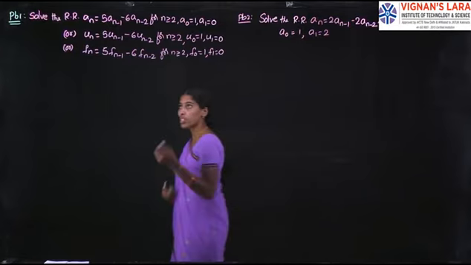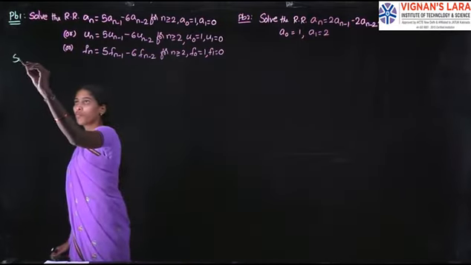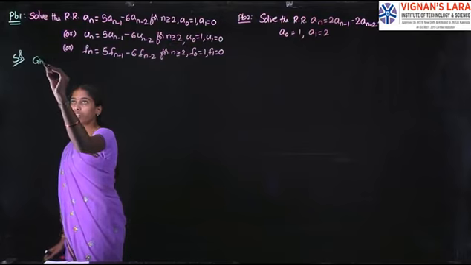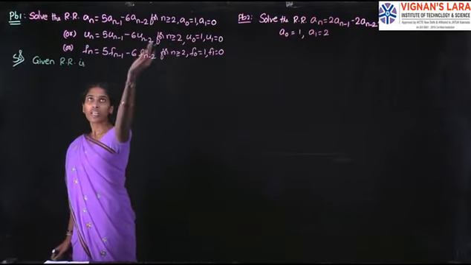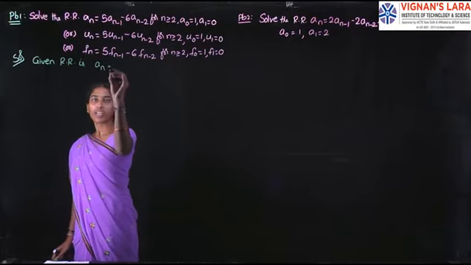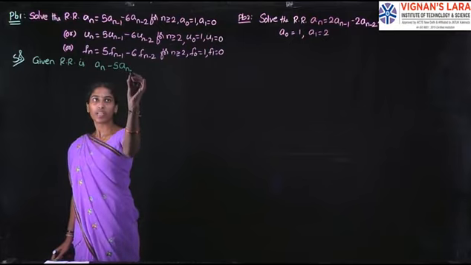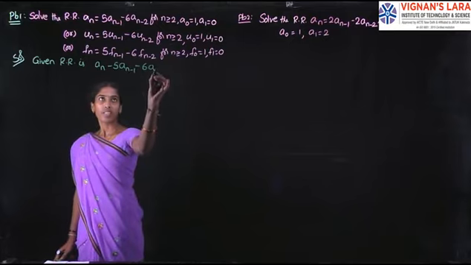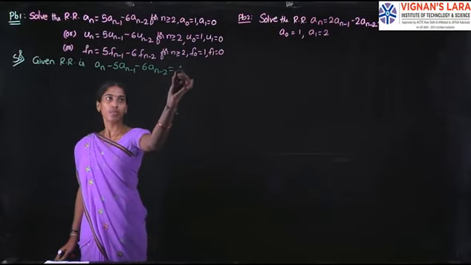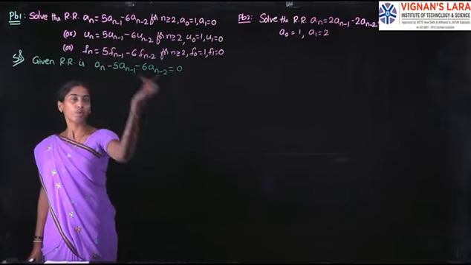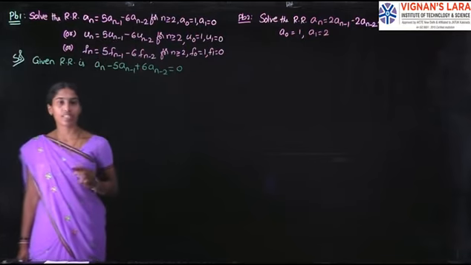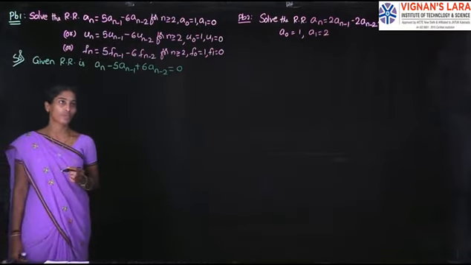Right, now we will see the solution of this one. Given recurrence relation is, take these two terms to the other side: a_n minus 5 a_(n-1) plus 6 a_(n-2) is equal to 0. Because the terms on the RHS are negative, taking them to the LHS they become plus 6 a_(n-2) equal to 0.